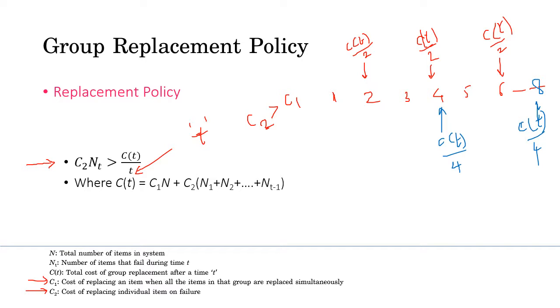But now that the frequency has lowered from every 2 weeks to every 4 weeks, the likelihood of failure of individual items increases. During a period of 4 weeks, the company may have to pay more for replacing items individually.